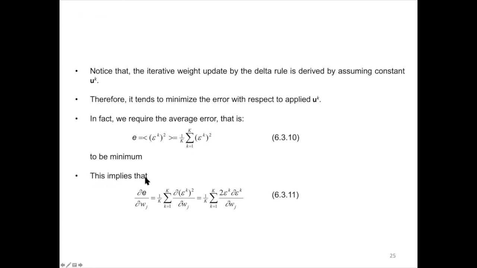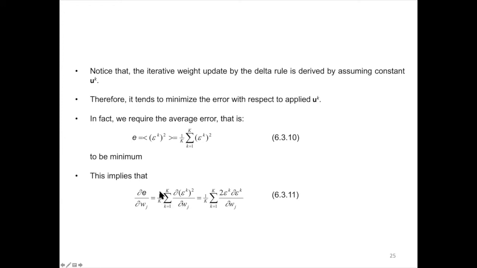This implies that if we consider the partial derivative of the mean error with respect to Wj, this is equal to 1 over capital K times the summation of the partial derivative of epsilon k squared with respect to Wj.